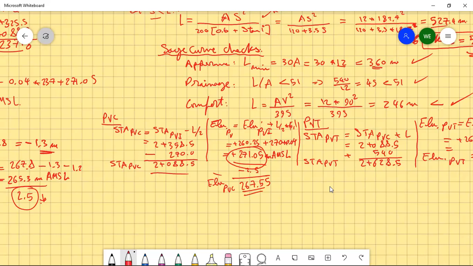So that means if we subtract the BVI from it, 260.25, so we have here 3.7.